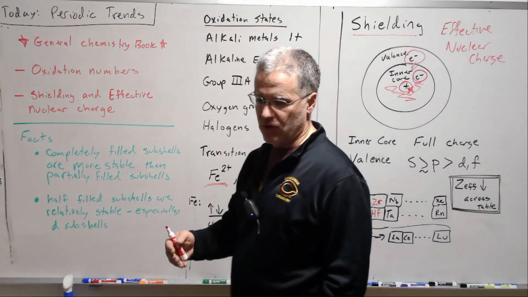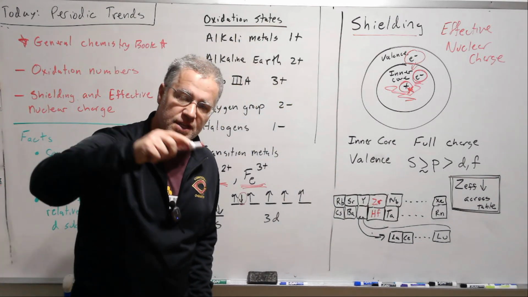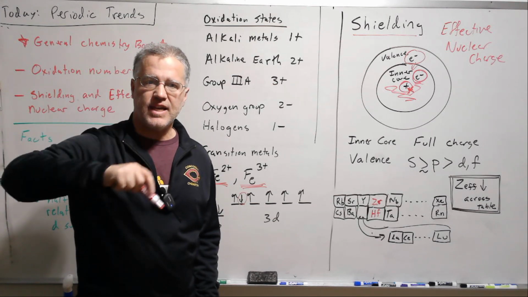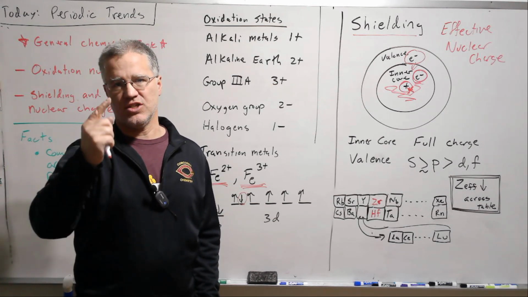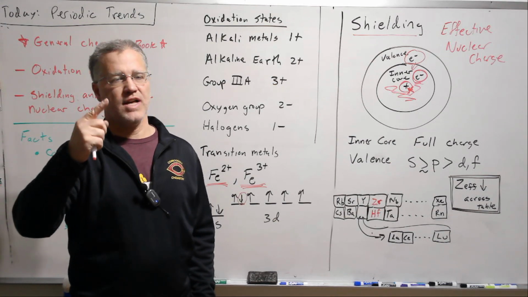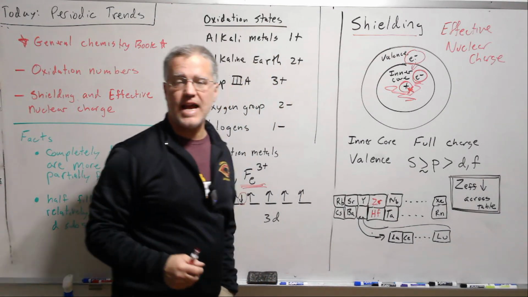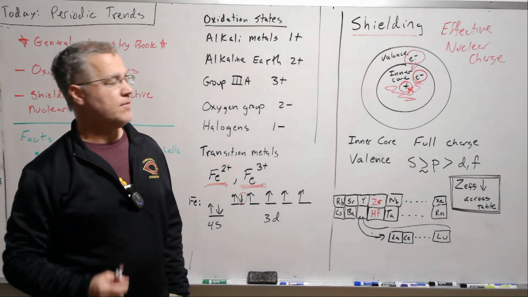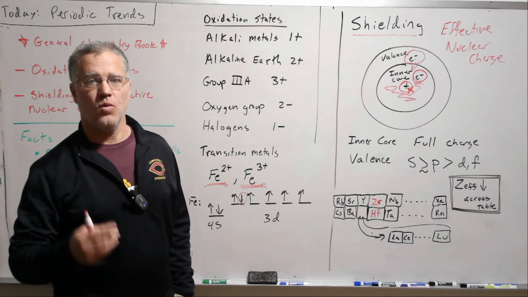So if there were only 1 valence electron, and the rest were inner core, then the inner core would cancel out 1 for 1 protons, and there'd be just 1 proton left for a neutral atom, and the electron would feel exactly what it feels with hydrogen, 1 full positive charge. And we'd say the effective nuclear charge is 1.